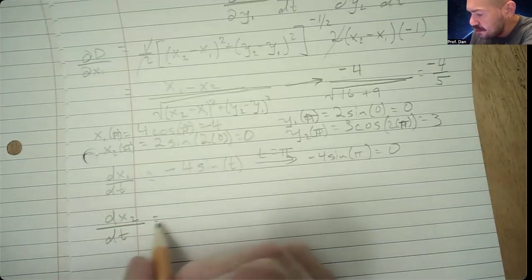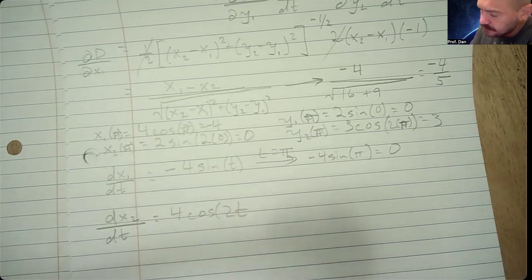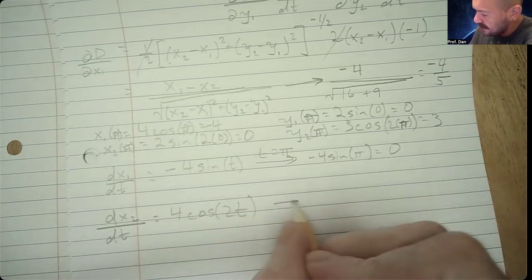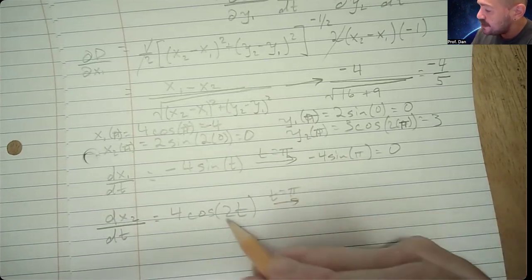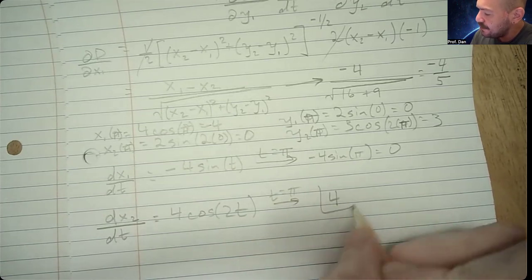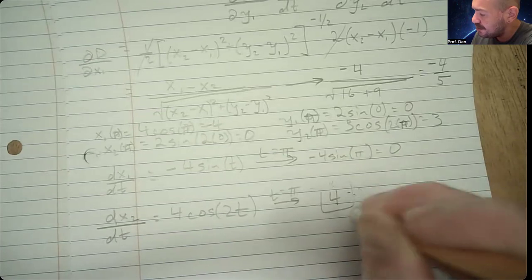So for x2, we would end up getting 4 cosine of 2t. If I evaluate that when t is pi, cosine of 2 pi is 1. So we get 4. I should not box that. I'll underline it.